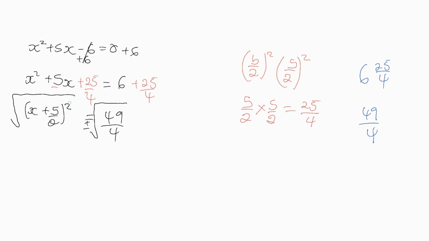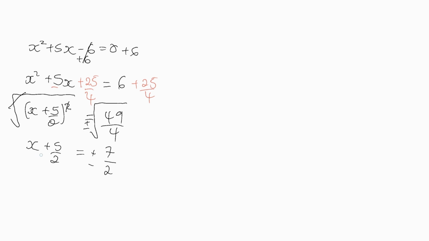So this will cancel that and we'll be left with x plus 5 over 2 equal to the positive and negative root of 49 over 4. The square root of 49 is 7 over the square root of 4, which is equal to 2. So now we have x plus 5 over 2 equals plus or minus 7 over 2.